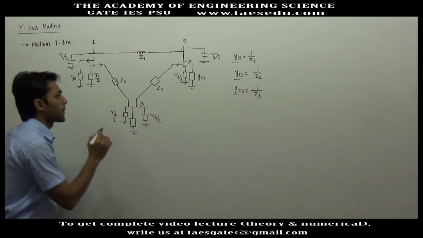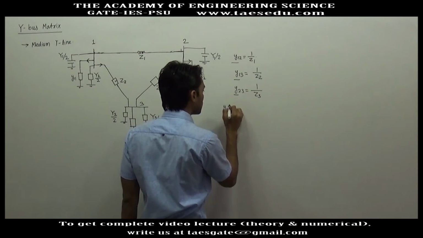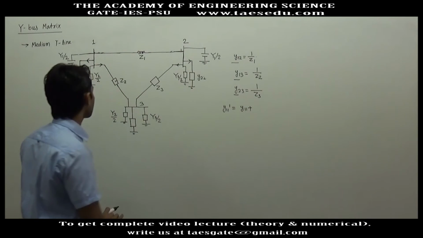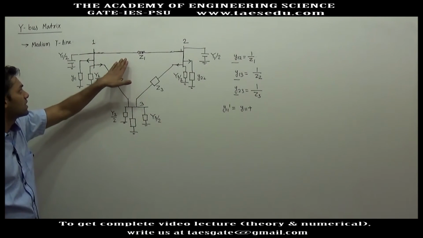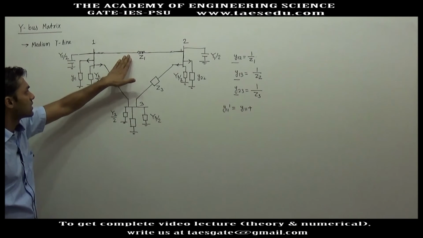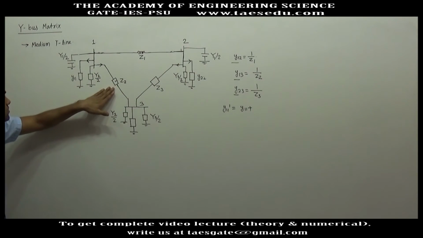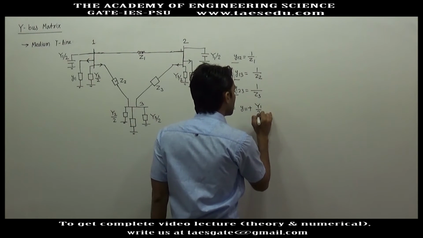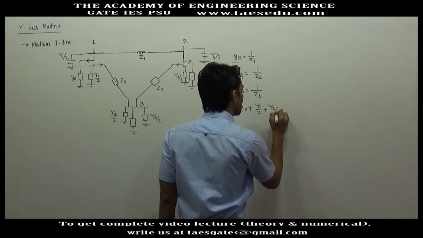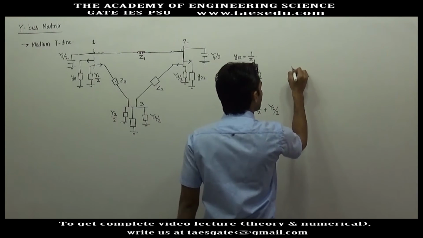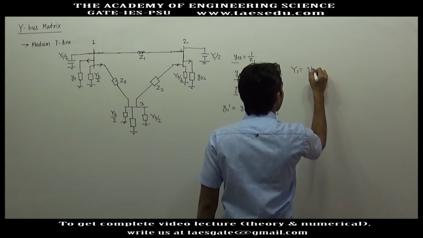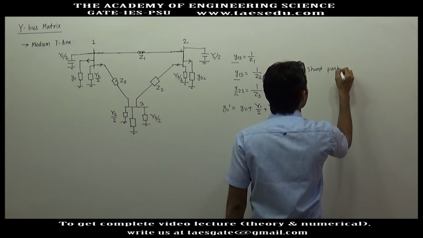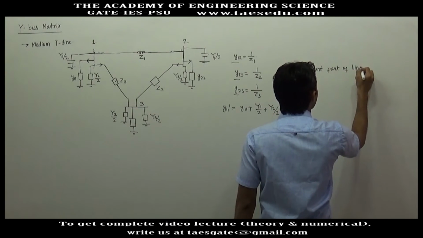Now what will be Y11 dash? Its original shunt admittance, plus there will be one shunt element due to the first line and another shunt element due to the second line. This will be capital Y1 by 2 plus capital Y2 by 2, where Y1 is the admittance of the shunt part of line 1.